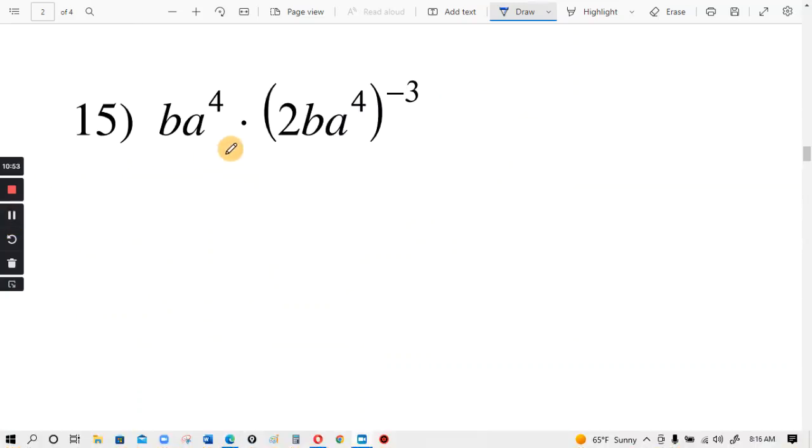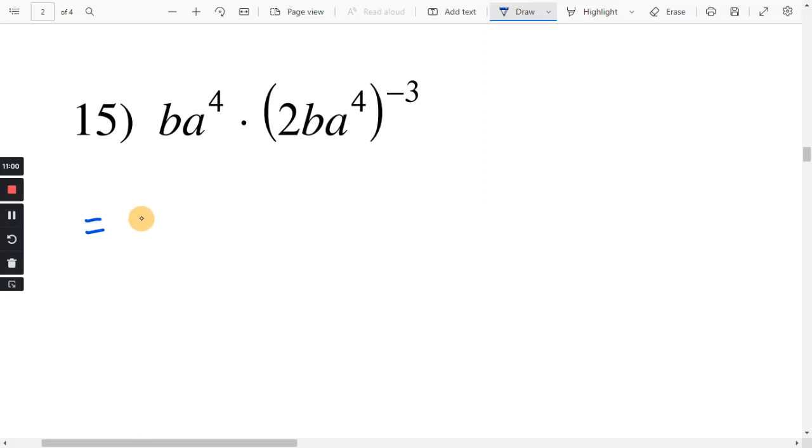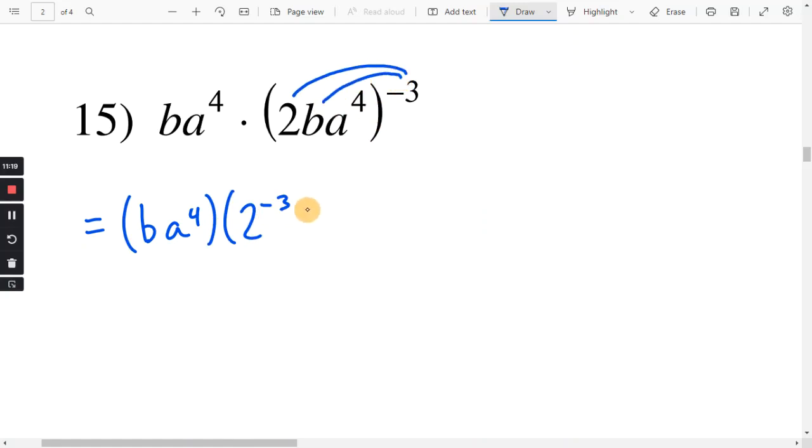All right, number 15, I'm going to distribute this negative 3 first. So let's leave the b times a to the 4th. And distributing this negative 3, the negative 3 is applied to the 2. So that's going to be 2 to the negative 3. And then it's applied to the b, so that's going to be b to the negative 3.